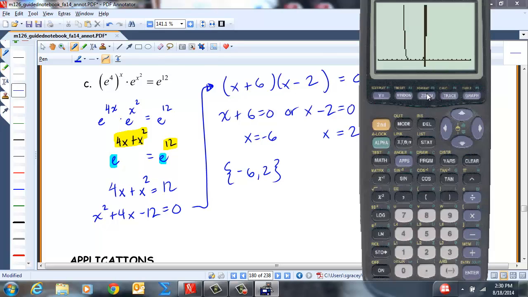Okay, so try zooming in. That's not helping us. Let's look at our window here. Let's do our y minimum at -1.